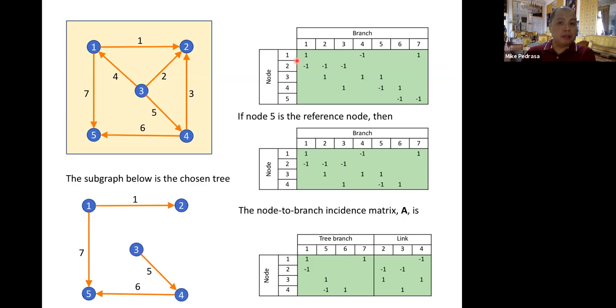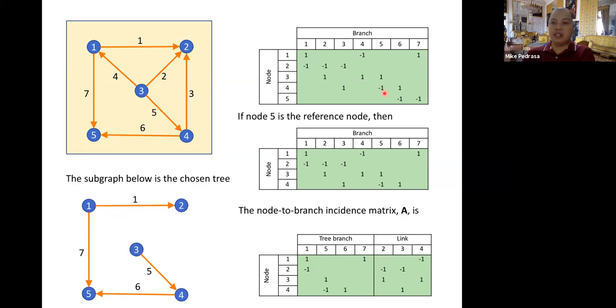In addition to that, branch 1 is leaving node 1, so this is positive 1, and it is entering node 2. That's why this is a negative 1. Similarly, branch 2 is leaving node 3, hence we have a positive 1 here, and it is entering node 2, so we have a negative 1 there. And so on and so forth.